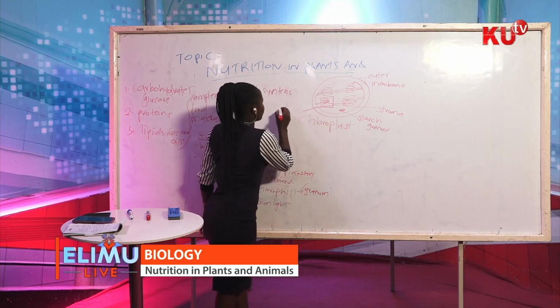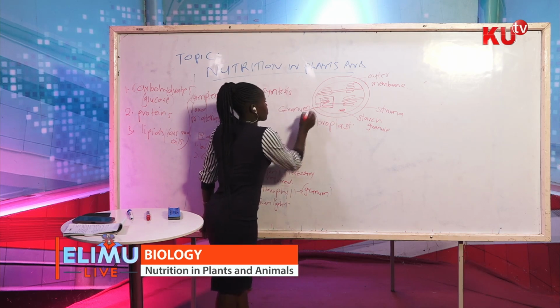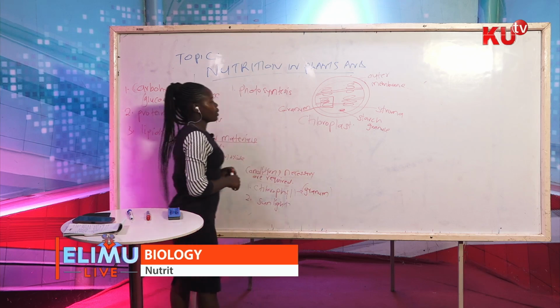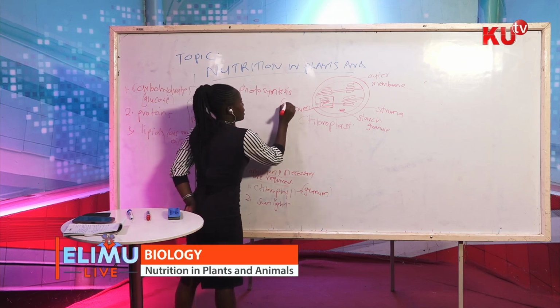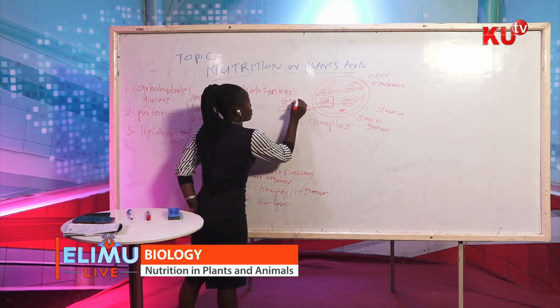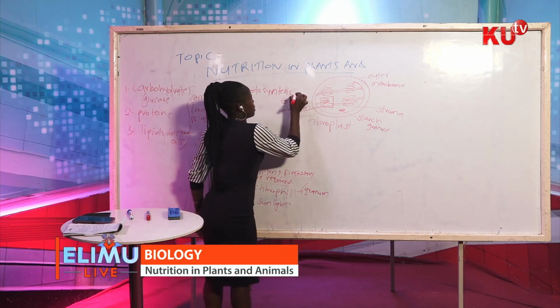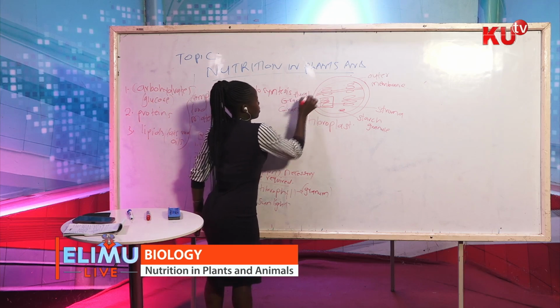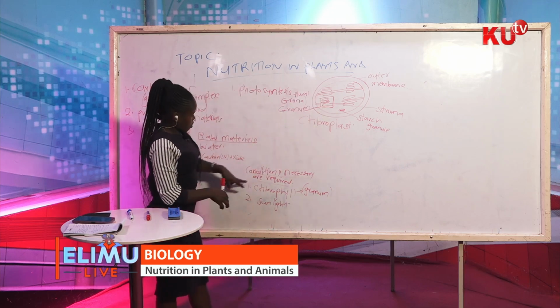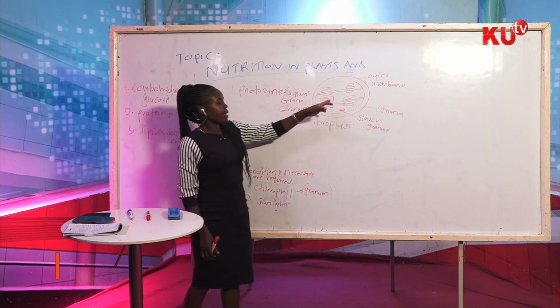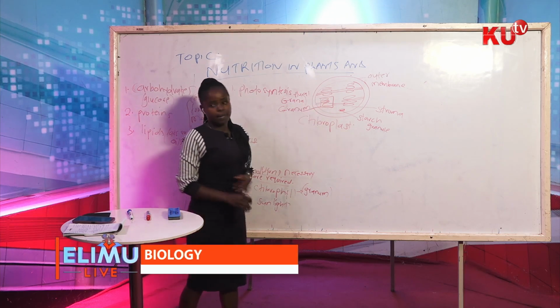This one is what is called granum. In singular it is called granum, but in plural it is called grana. So this is in plural. So the chlorophyll molecules are found here in the granum.